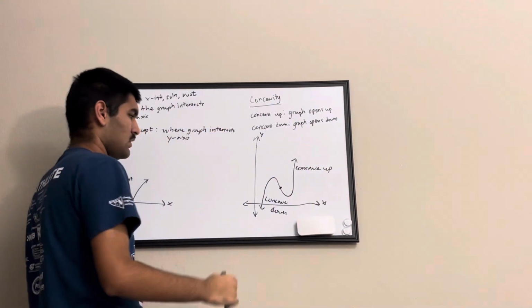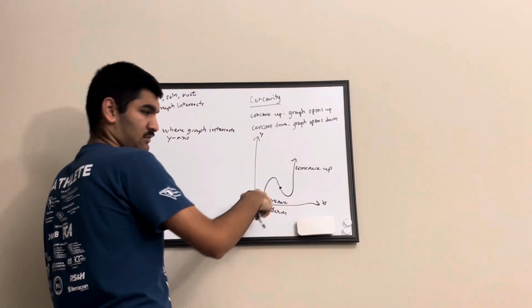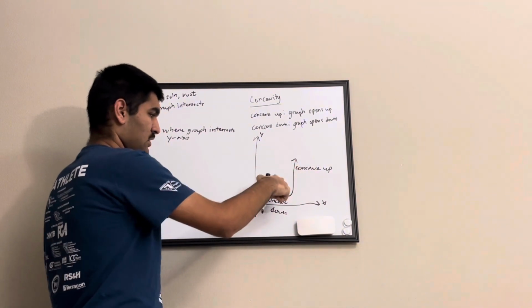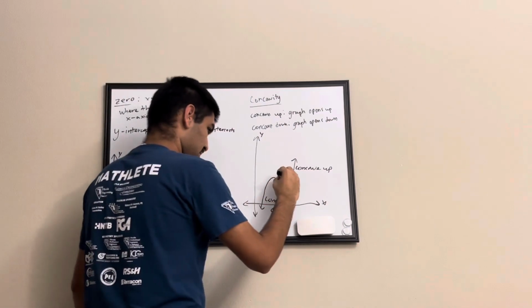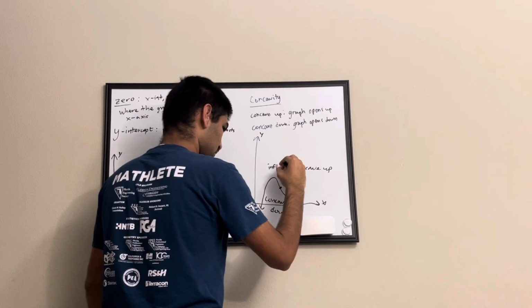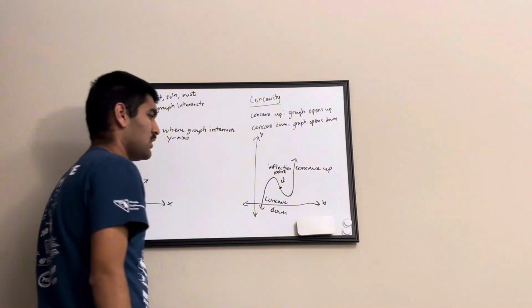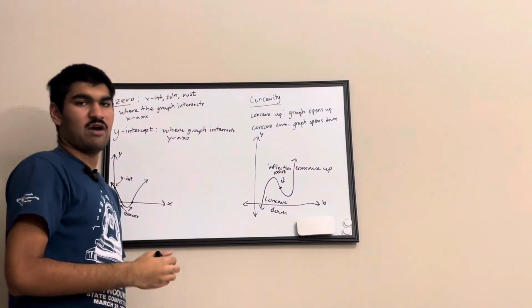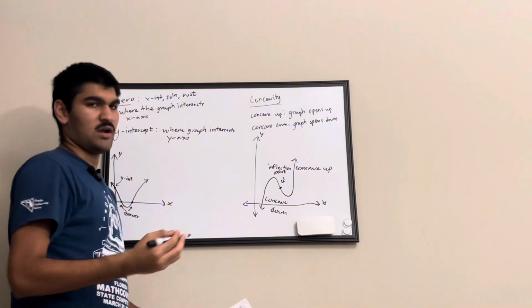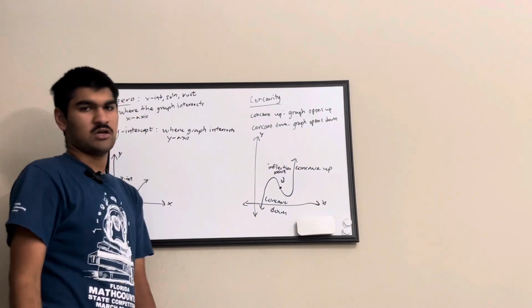And this point is where the function changes concavity. It goes from concave down to concave up, and that point is called the point of inflection. The inflection point is where the graph changes concavity, whether it goes from concave down to concave up, or concave up to concave down.